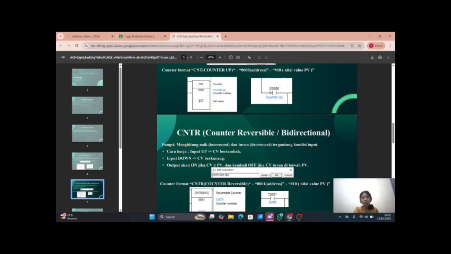Each pulse increments the counter by 1, and the preset value, for example 10, defines the number of pulses needed before the counter output turns on.